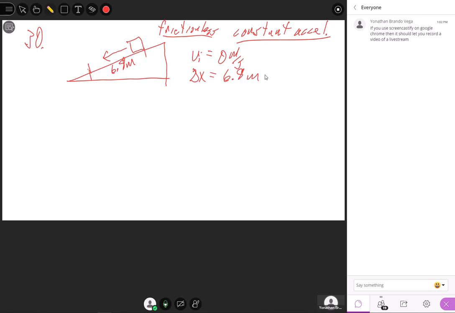How'd you know to write change in x? Well, because it started from rest, and then after it traveled, its speed after it traveled 6.8 meters to the bottom of the incline is what? 3.8 meters per second. So that's what? Well, this is initial velocity. This has to be final velocity, 3.8 meters per second.